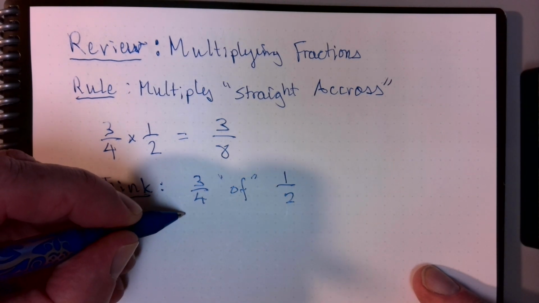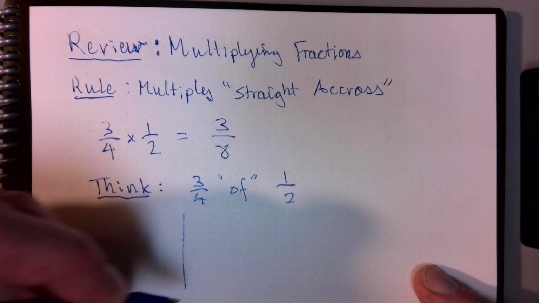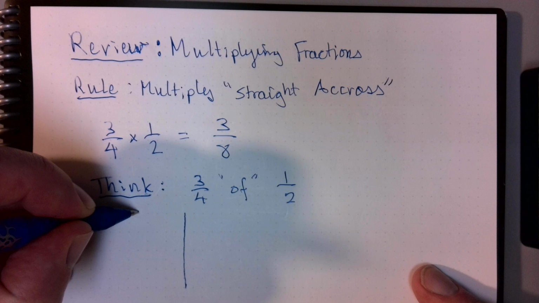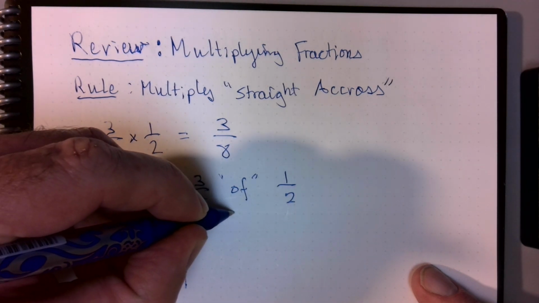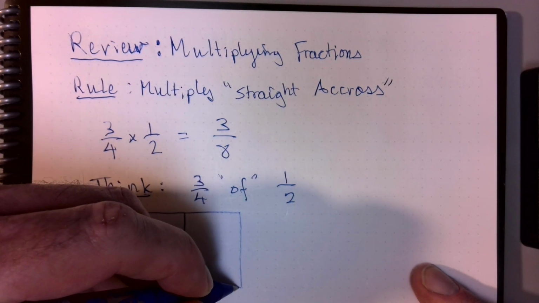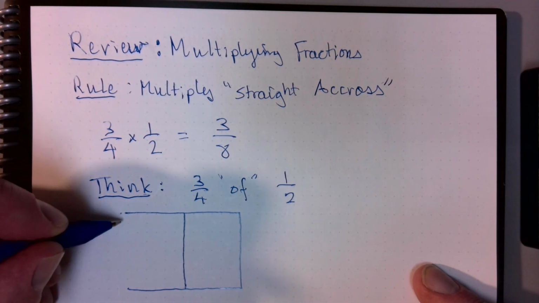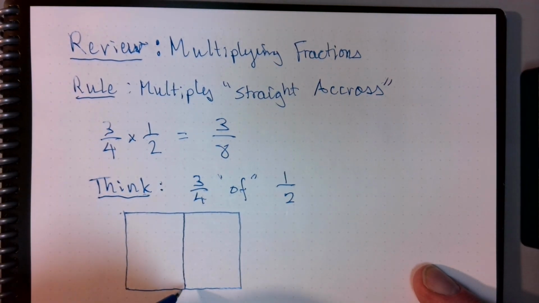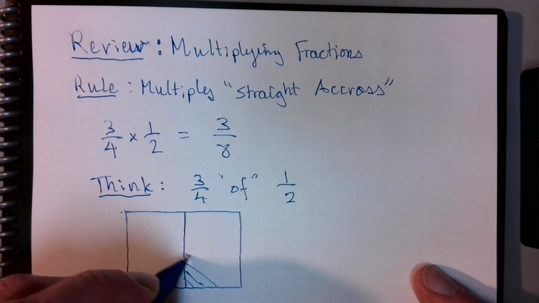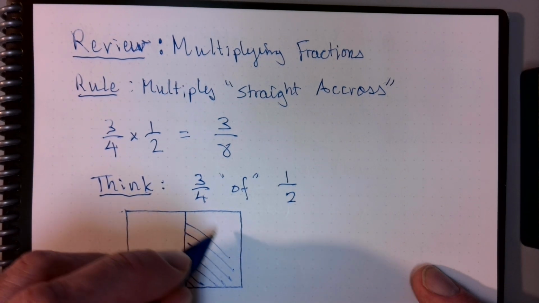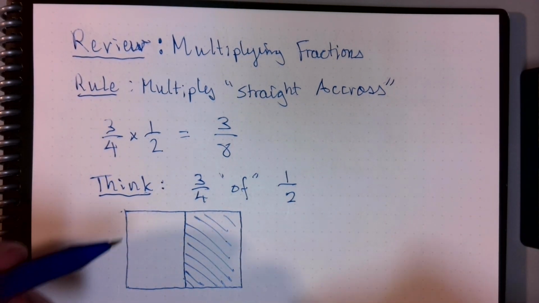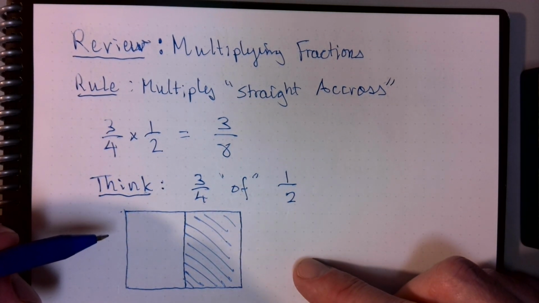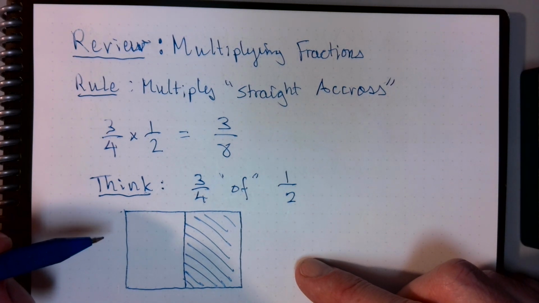So to visualize 1/2, we would take an object like this rectangle that I'm drawing right here, and we would cut that into 2 equal parts, and then we would take one of those 2 equal parts. So this is a representation of 1/2.